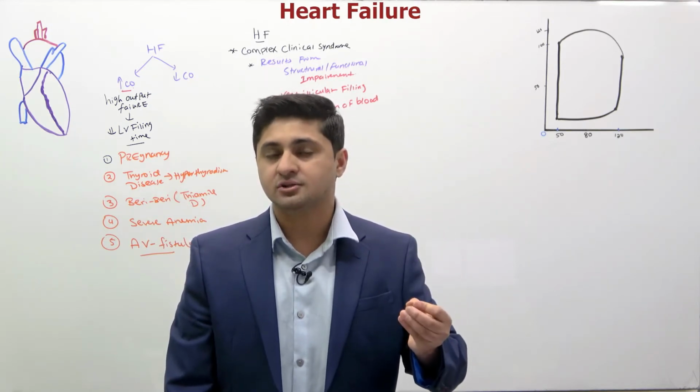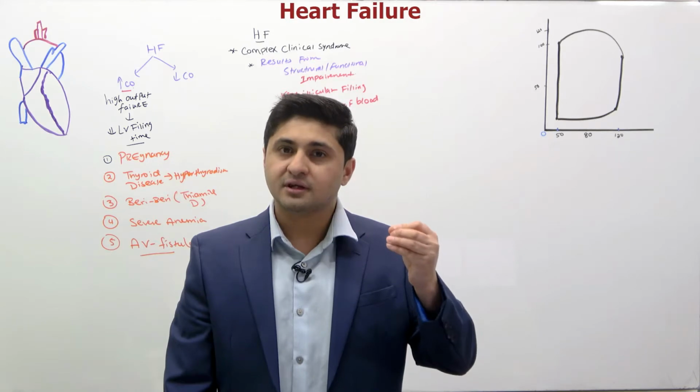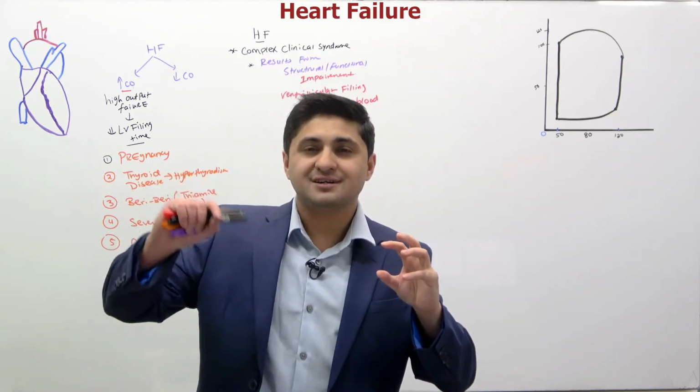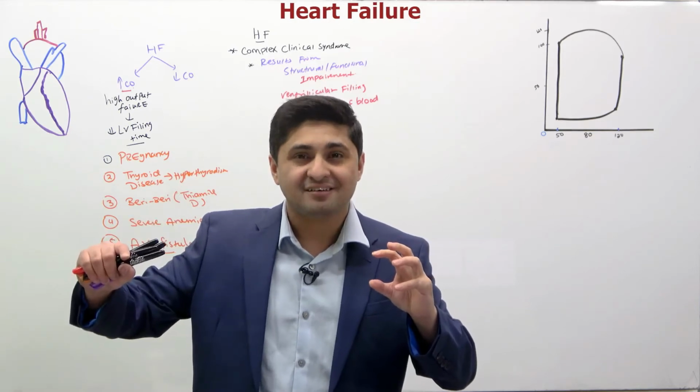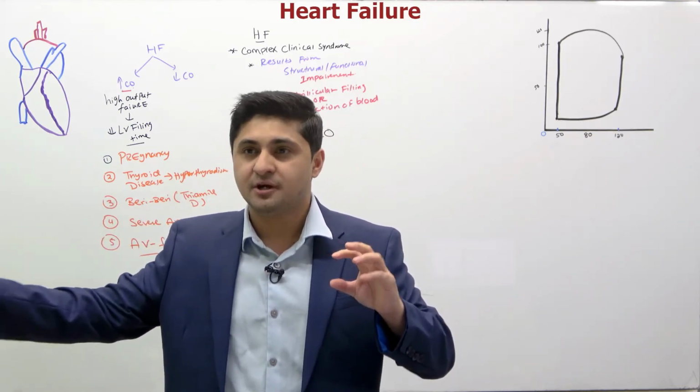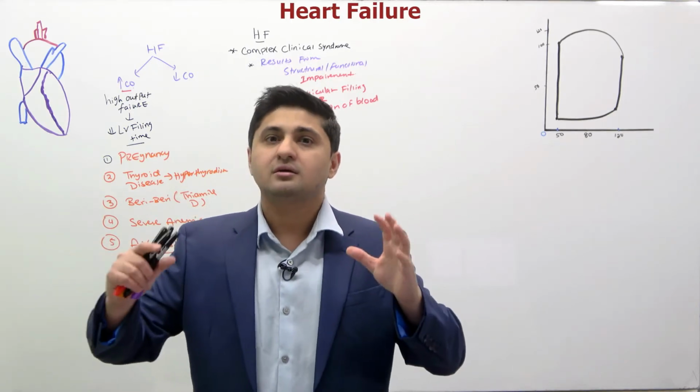By definition also, we said that whatever the cause is, the cardiac output is not meeting the metabolic demands of the tissue, and that is what results in heart failure.